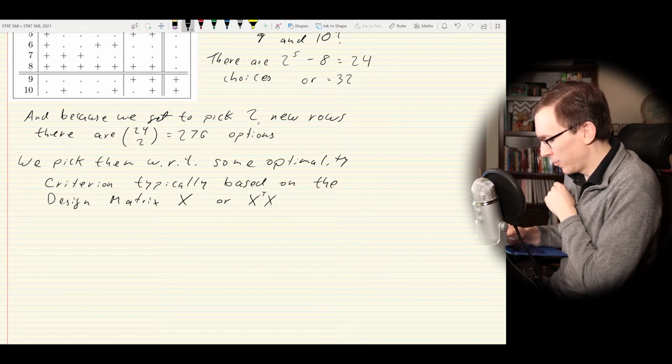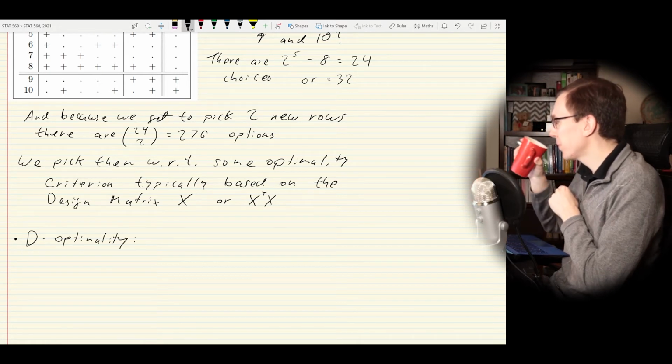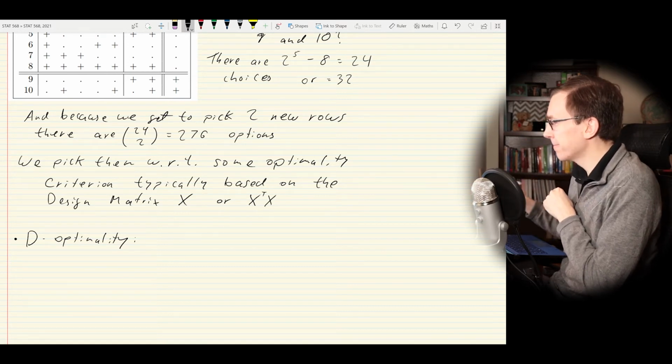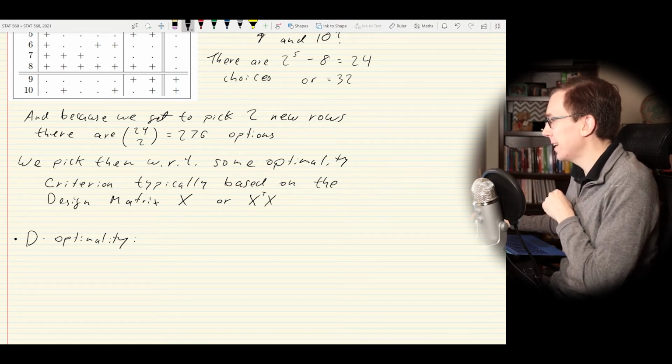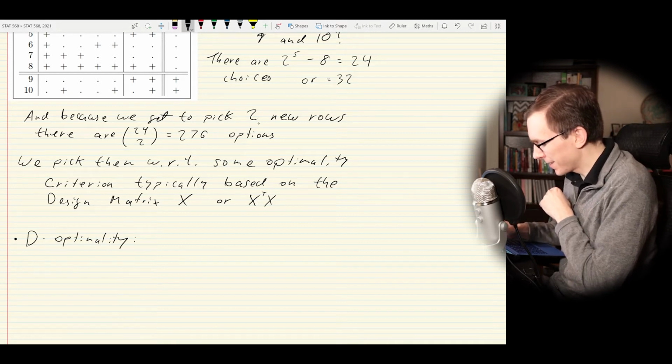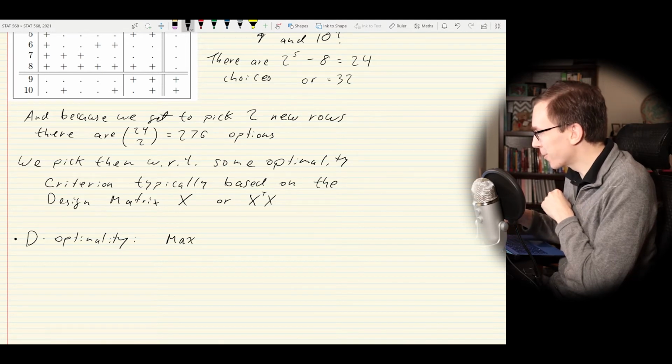Right, so then what are some optimality criterion? Well, the first one, and one of the most standard ones, is called D-optimality. And the idea here is we want to maximize the determinant, which is an interesting minor typo I found in my notes. One more thing to change going forward.